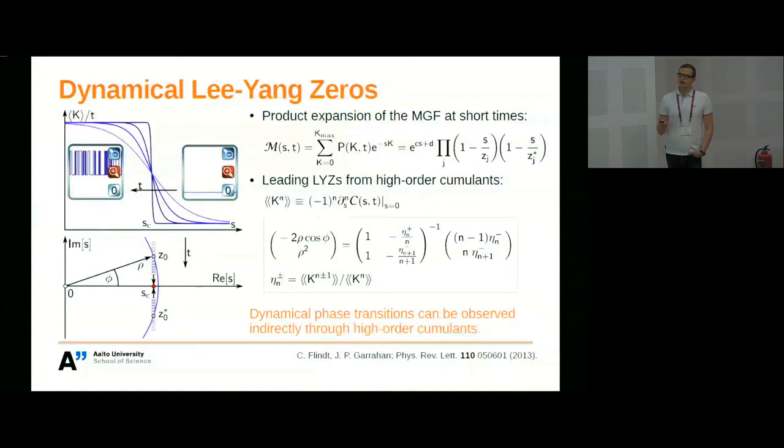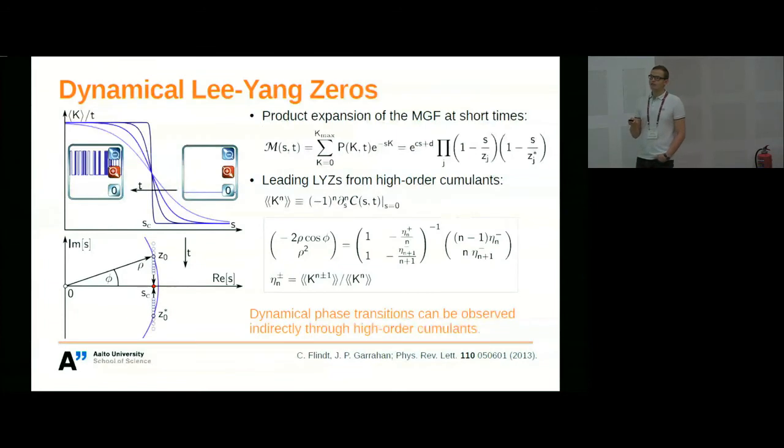Okay, now I can do the same trick again with the higher order cumulants. So I define higher order cumulants as the higher order derivatives of the cumulant generating function, evaluated now at s equal to 0. That's the crucial point here. Before, I was evaluating these cumulants essentially at an arbitrary value of the control parameter.